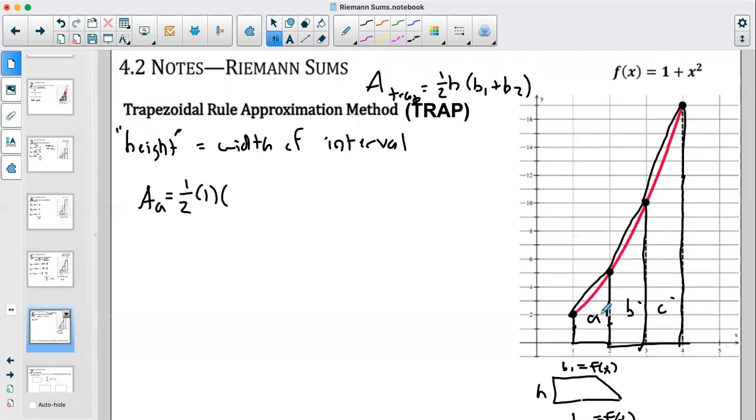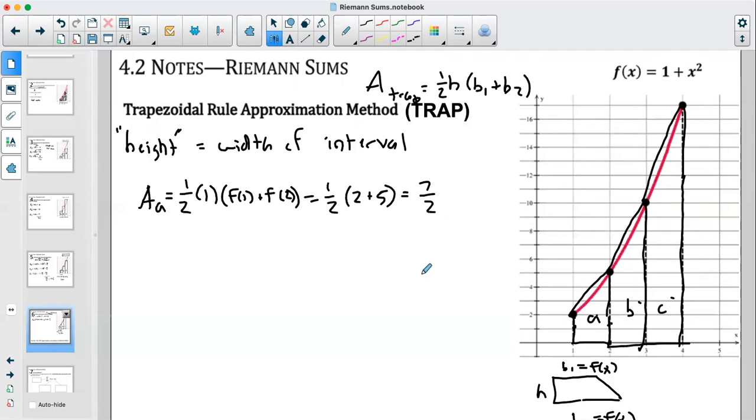I don't want you to mix up the height here and the heights here, but basically times the sum of f of 1 and f of 2. This distance is f of 1. This distance is f of 2. And so you get 1/2 times 1 is 1. f of 1 is 2, and f of 2 is 5. So this is 7 times 1/2, which is 7/2.